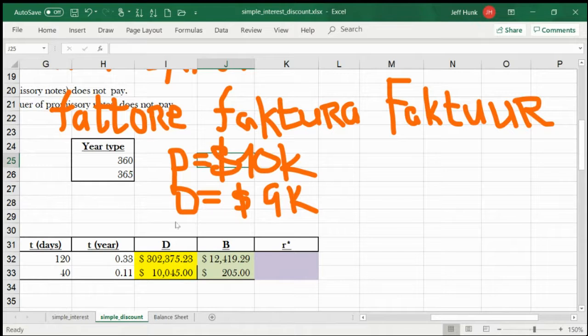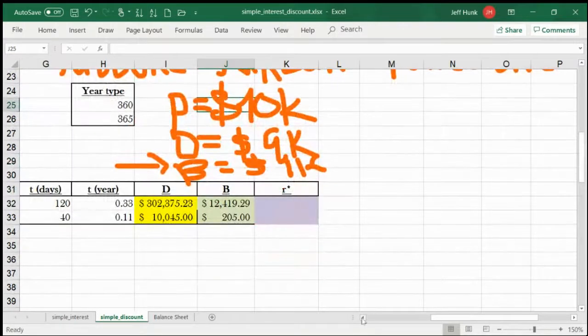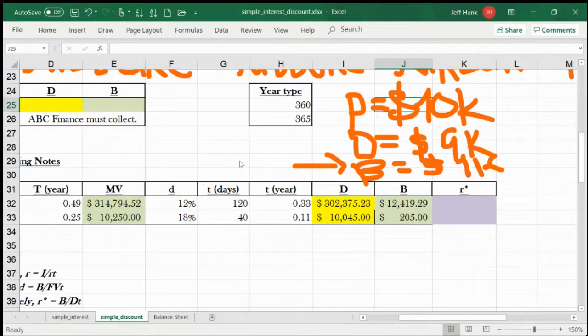So that means the bank discount was 1K, 1,000, right? Then what would you say? Does that mean the interest rate in this case, the bank took, that means the discount rate was 10%, right? Isn't that right? Discount rate was 10%.